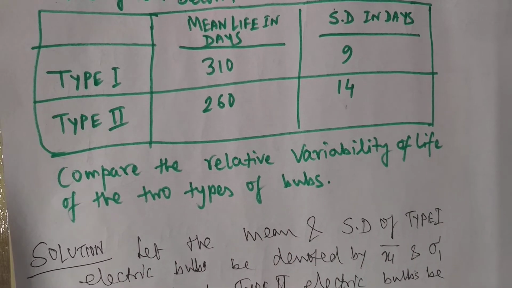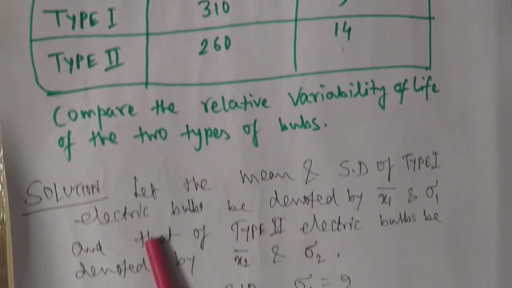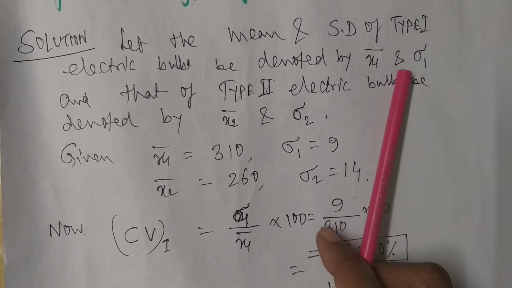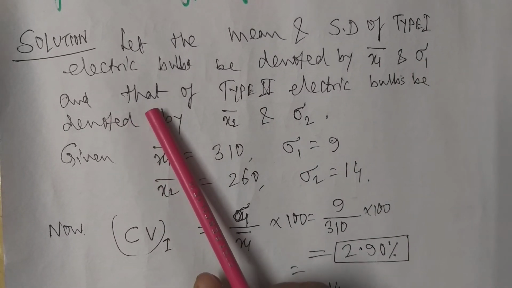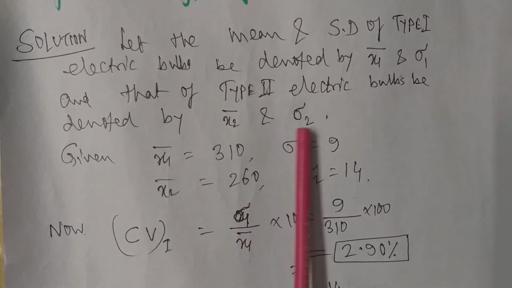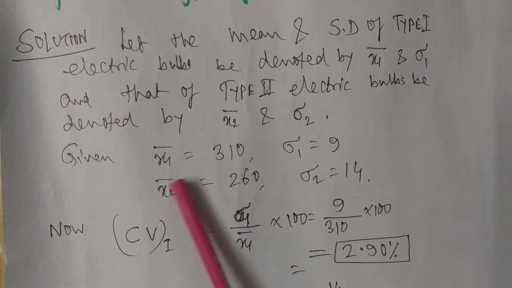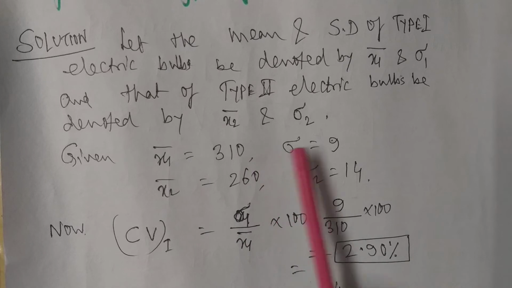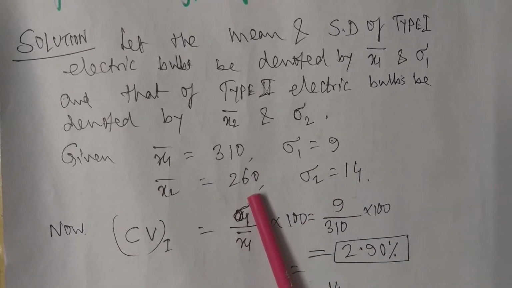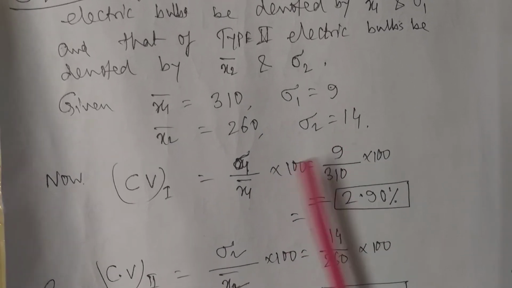Let the mean and SD of type 1 electric bulbs be denoted by x1 bar and sigma 1, and that of type 2 electric bulbs be denoted by x2 bar and sigma 2. Given x1 bar equals 310, sigma 1 equals 9, x2 bar equals 260, sigma 2 equals 14.